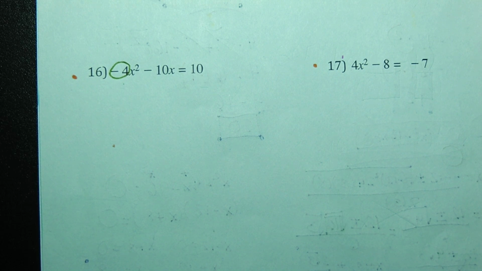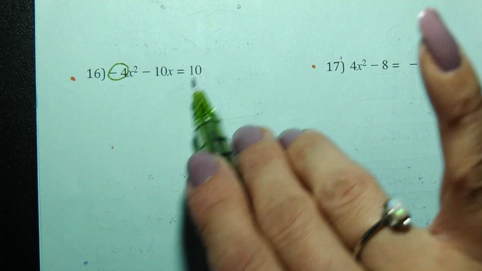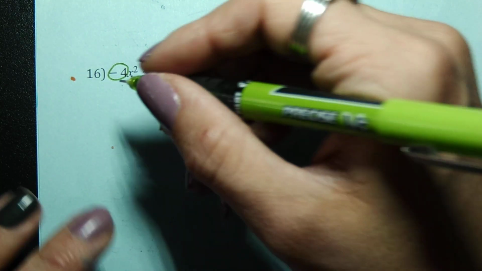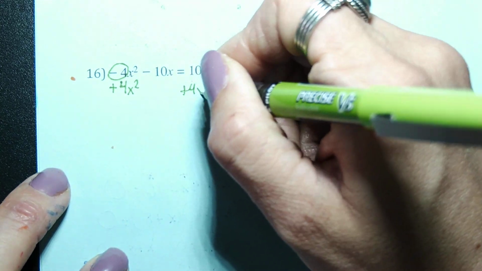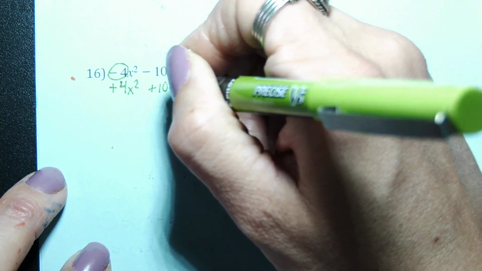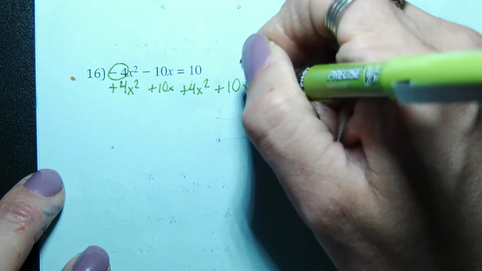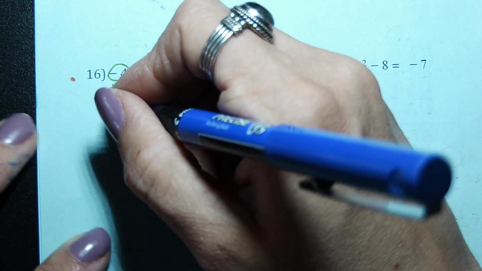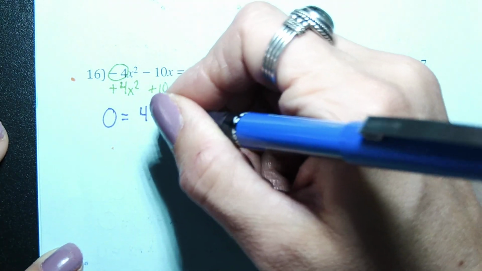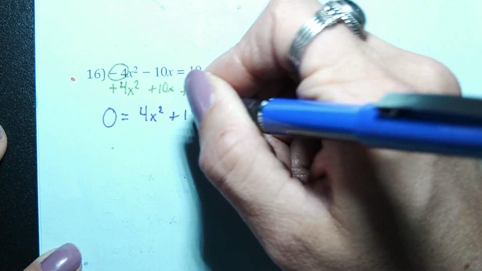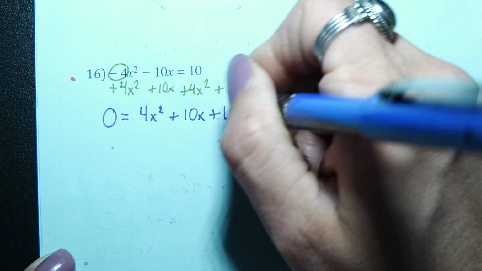And it actually does make the quadratic formula a little bit easier as well. So instead of subtracting the 10 to move it over to the left side, let's go ahead and add 4x squared and add 10x to move those to the other side. So now my standard form equation, 4x squared plus 10x plus 10.